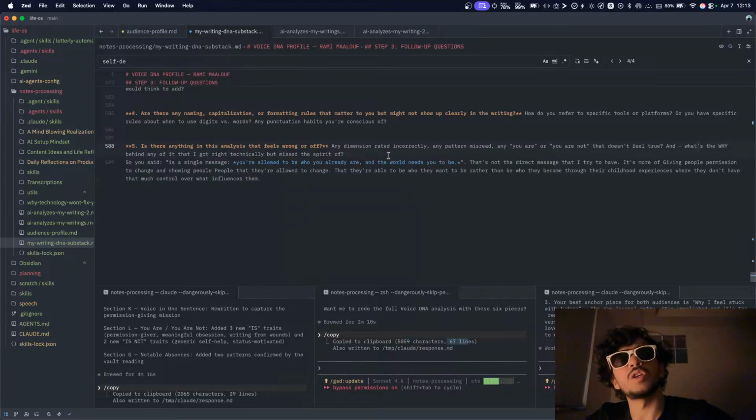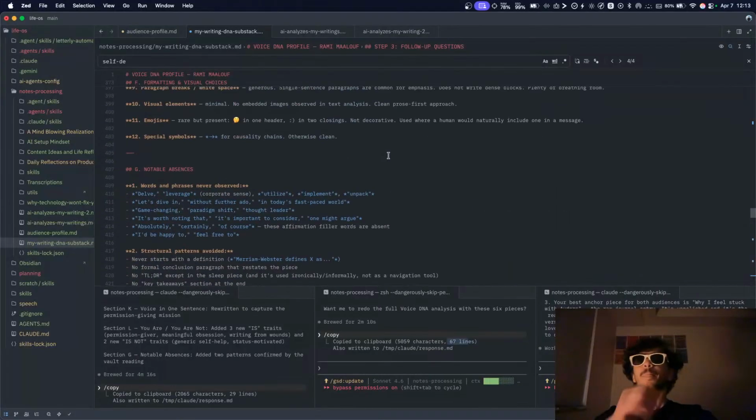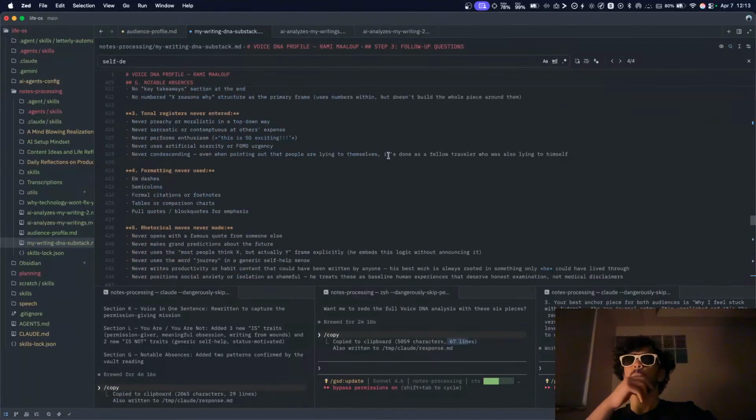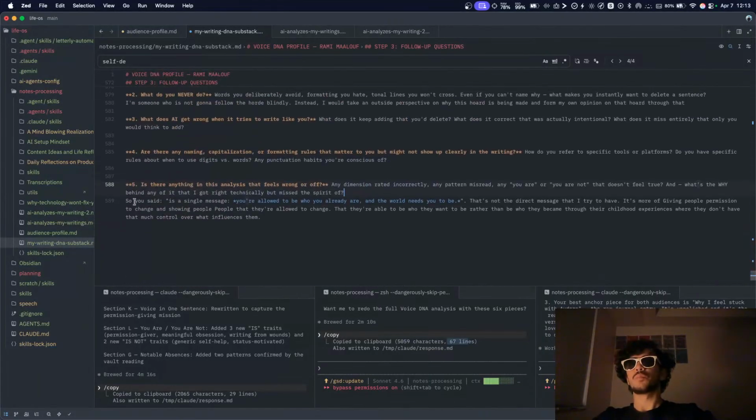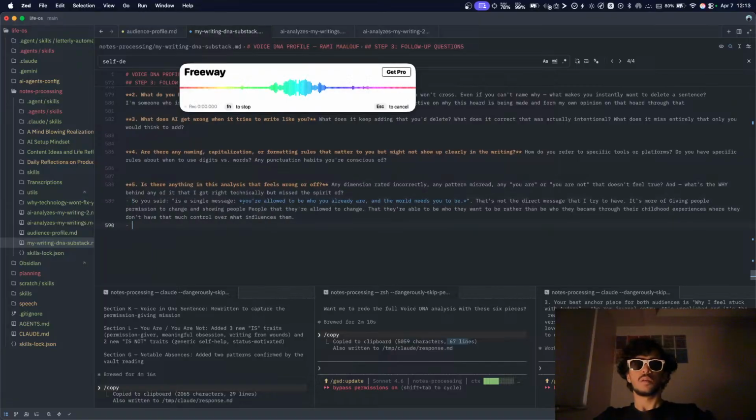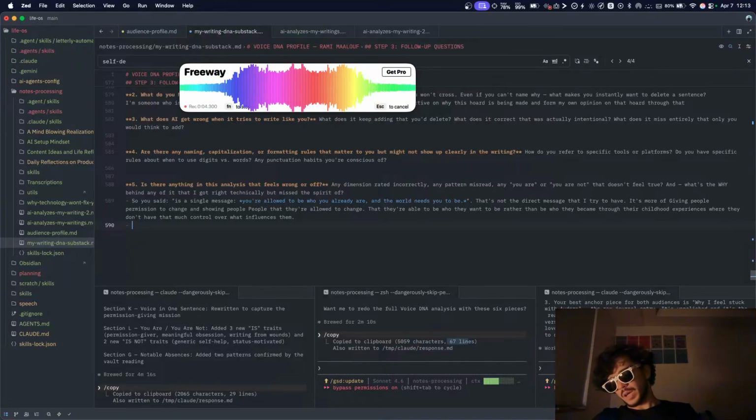Any dimension related incorrectly? Let's continue reading. Oh yeah, it's self-deprecating. You mentioned that I'm self-deprecating.